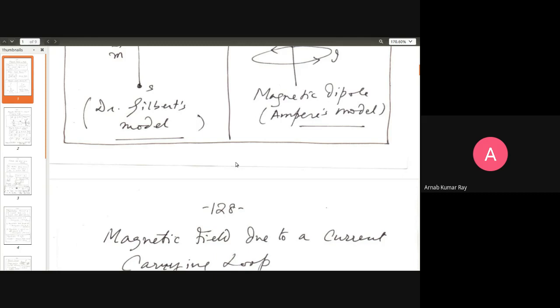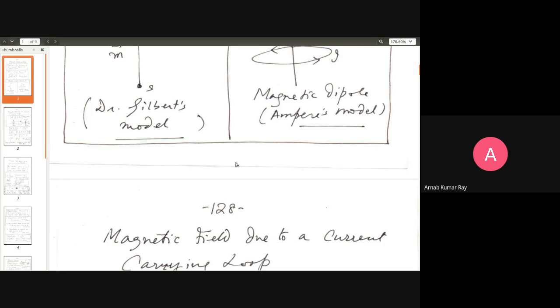What is a current? Current is charge flow per unit time. So if the electron makes one closed circuit, completes one revolution, it takes one time period of revolution, capital T. So the charge flow per unit time will be the charge of the electron divided by the time period. But of course, don't forget something. Current is not the flow of an electron, but the flow of a positive charge.